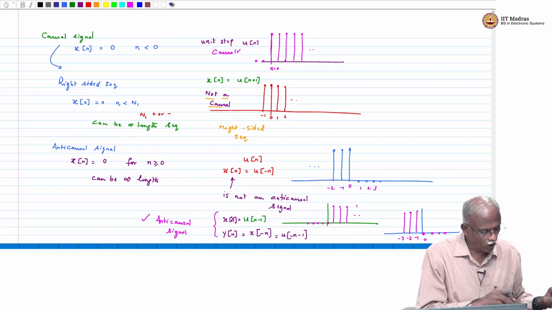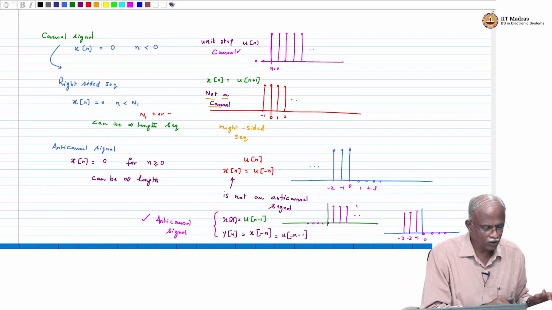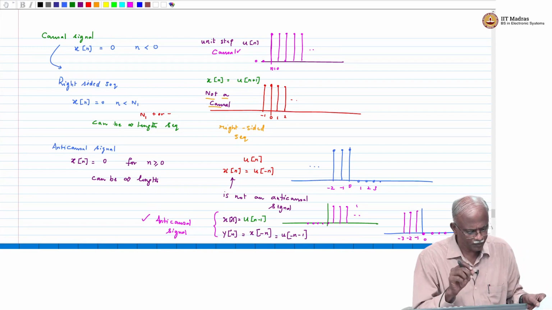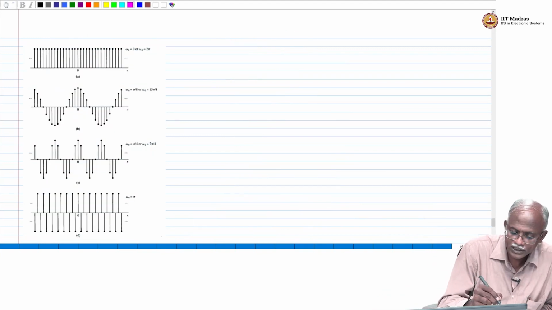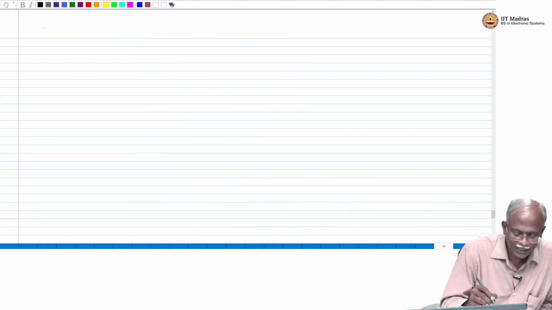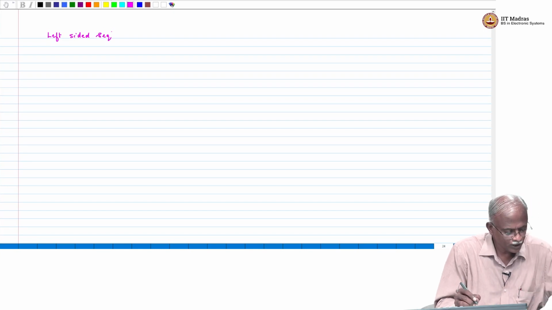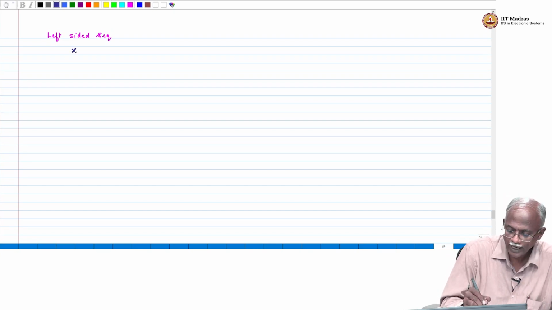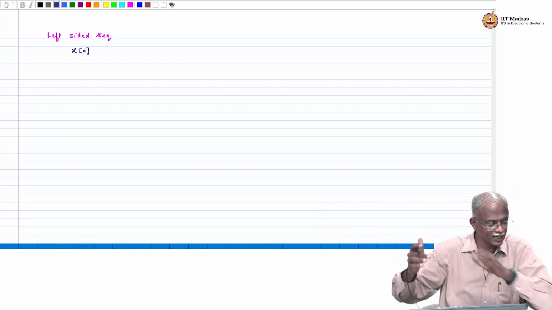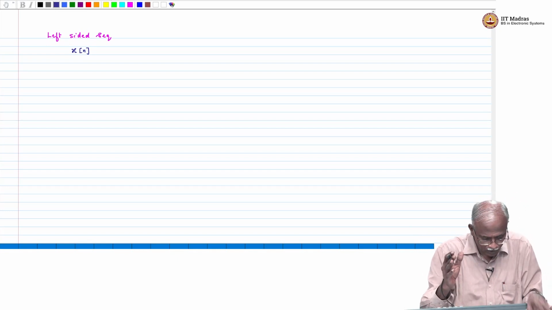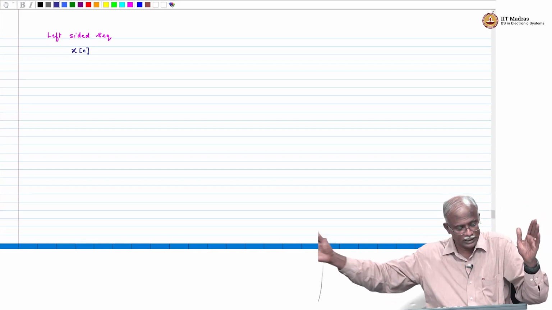So, the definition of a causal signal, the definition of an anti-causal signal, I want you to be very, very careful and be able to apply. Just like we defined a right-sided sequence, we can also define a left-sided sequence. A left-sided sequence is a sequence x of n which is non-zero on the left side, and it's 0 on the right side.